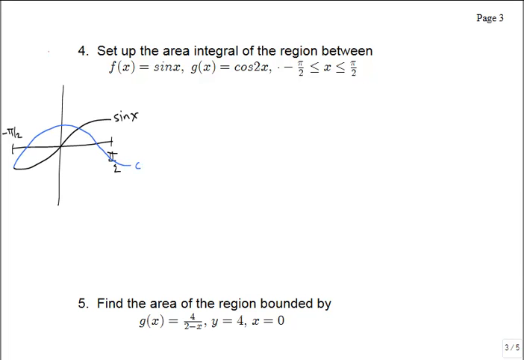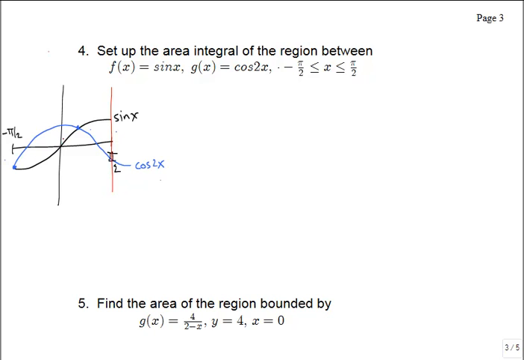Okay? So the intersection points, there was one right here, there's one in the middle, and then over here on the right, we don't really have an intersection point, but we're going to use that right bound of pi over 2 as kind of an intersection point. So we're going to stop once we get to that pi over 2.